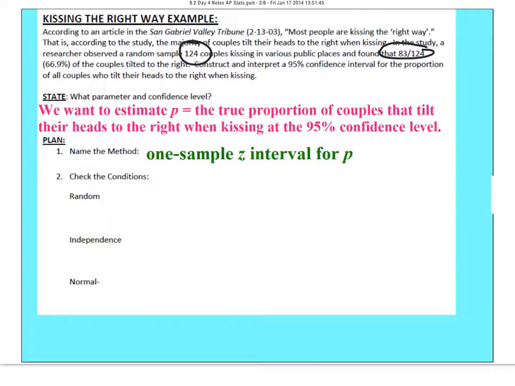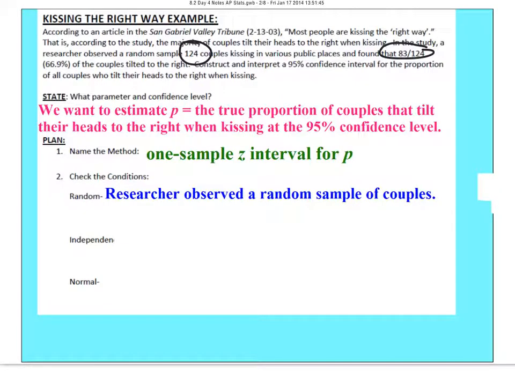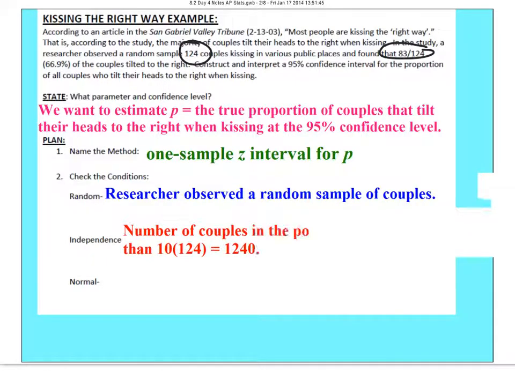Okay, let's check the conditions. Randomness. Was it random? In this case, the researchers observed a random sample of couples, which it states above, so we're good. Independence. The number of couples in the population, we had 124 in our sample.